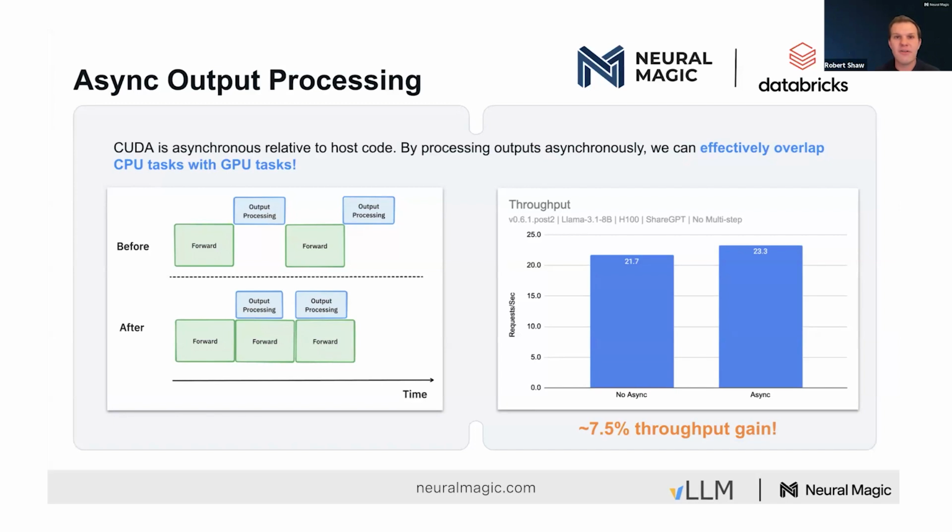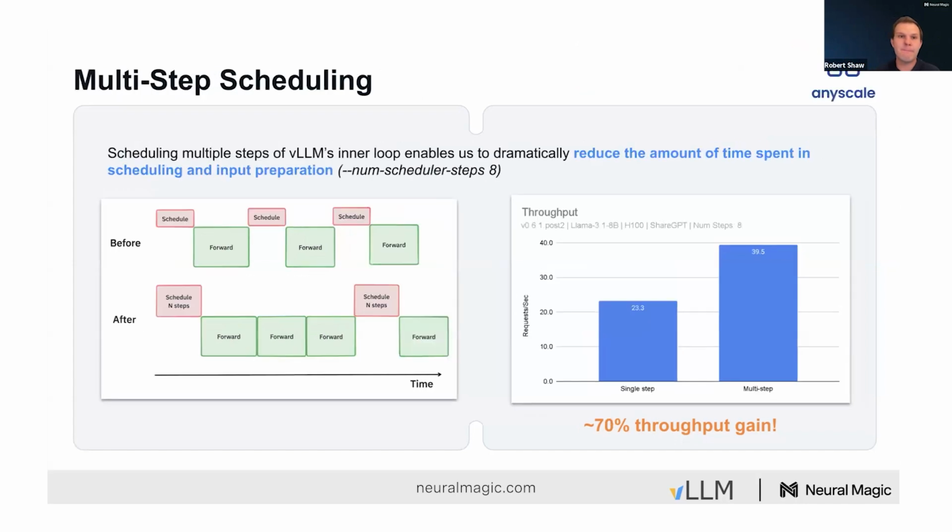Effectively, what we did is introduce offsets into the core vLLM engine that enabled the output processing to happen at the same time as the GPU is running the forward passes, as opposed to these happening synchronously. We had to offset the work by one step such that these didn't have a data dependency, but this resulted in about a 7.5% throughput gain from enabling asynchronicity inside of vLLM.